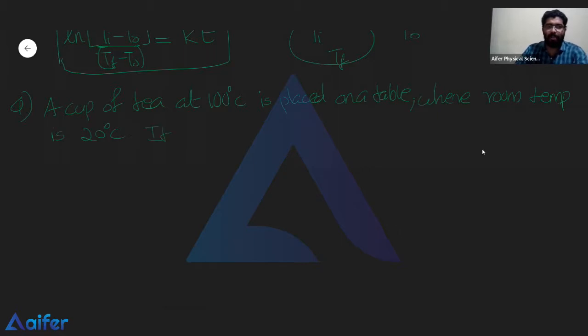It takes 5 minutes to cool to 60 degrees Celsius. From 100 degrees to 60 degrees, it will take 5 minutes. Then the question is, how long will it take to cool to 30 degrees Celsius?